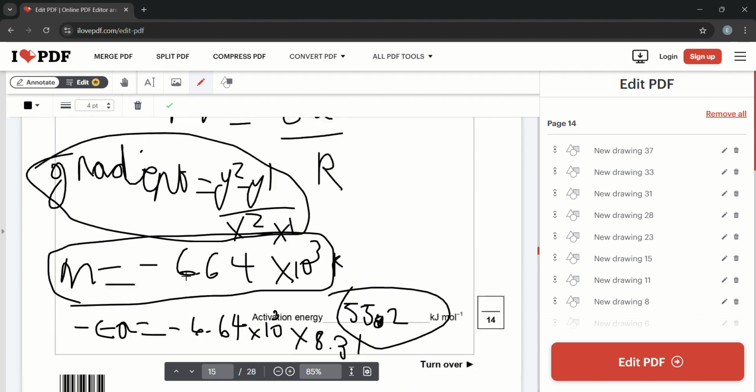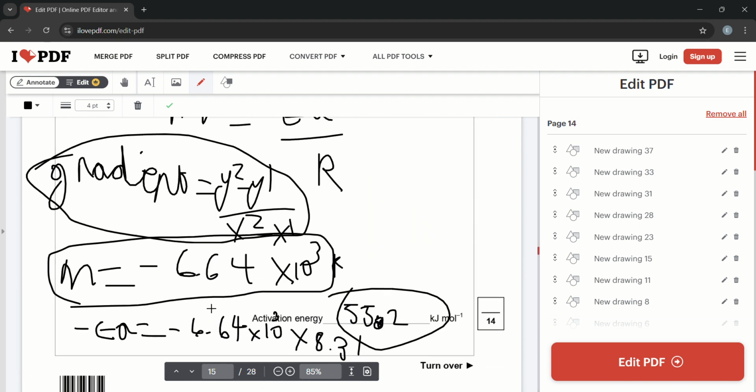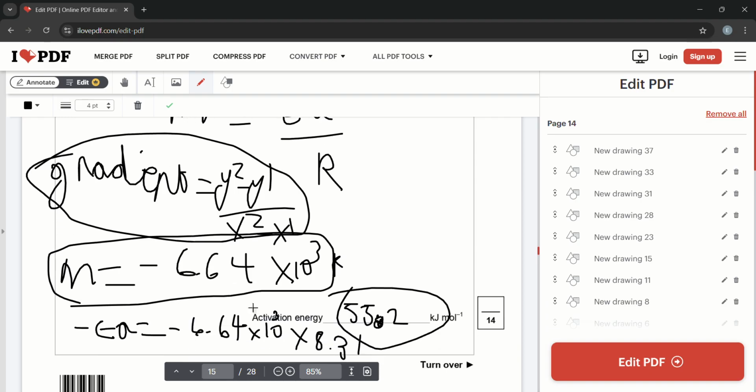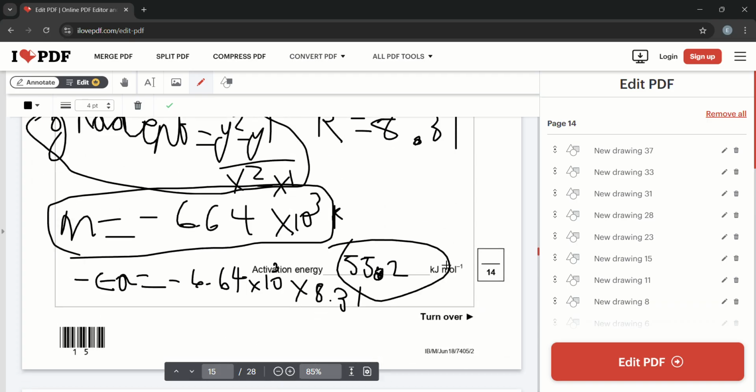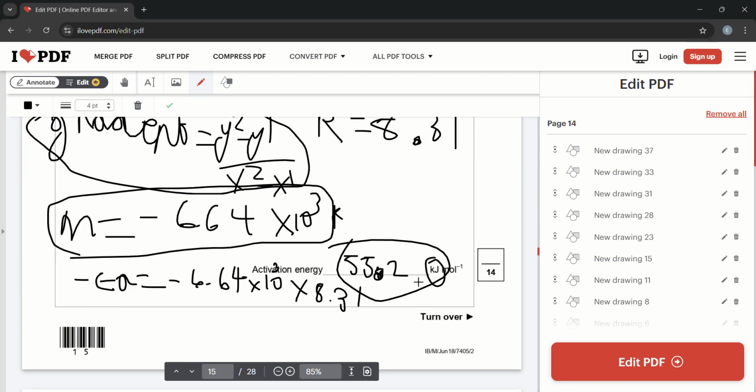And then we know m is equal to minus Ea over R, so minus Ea is equal to m times R, which is 8.31. Then divide by minus 1 and we get the activation energy in joules per mole; we want kilojoules per mole, so we divide by 1000 and we get 55.2.